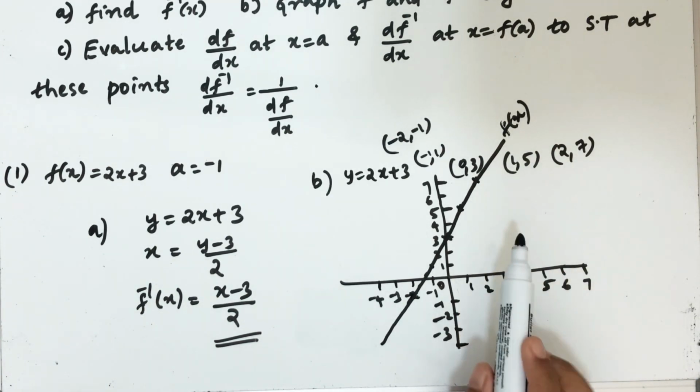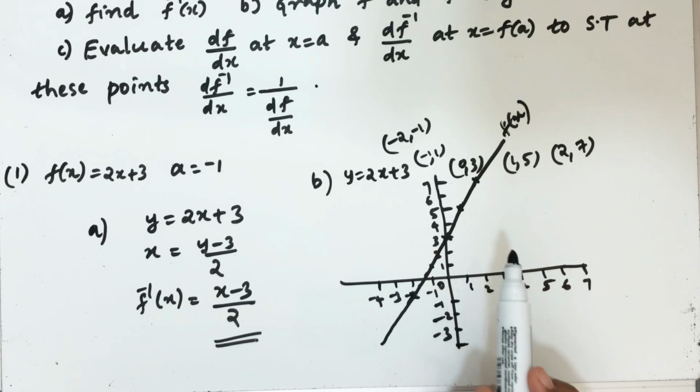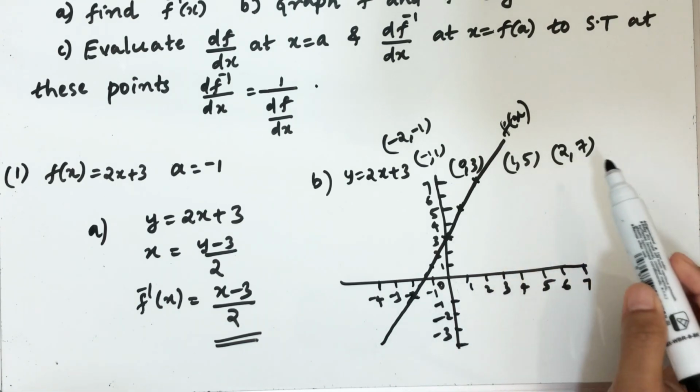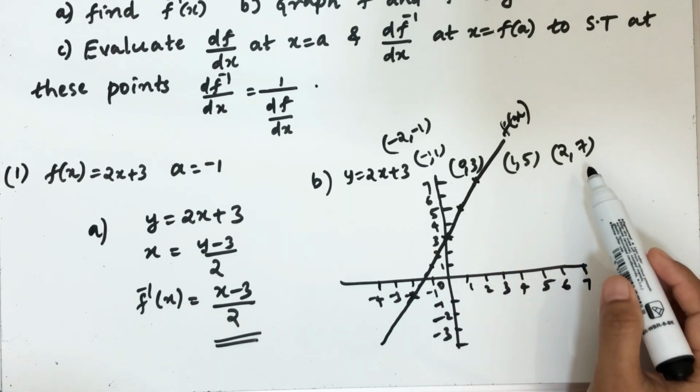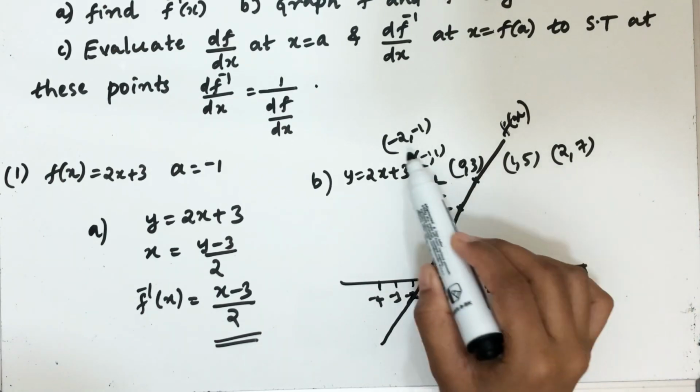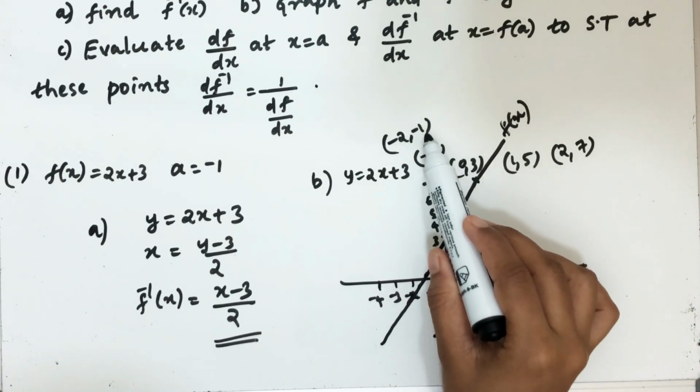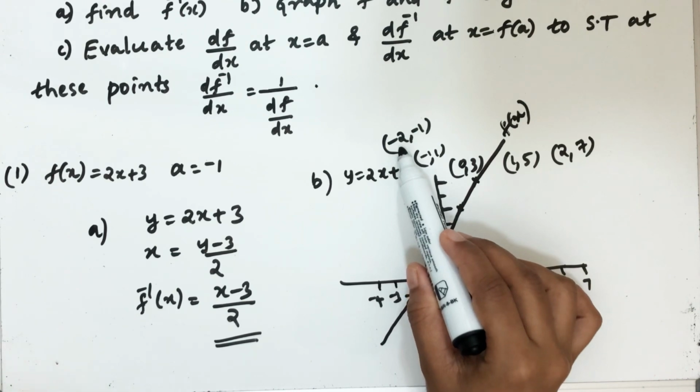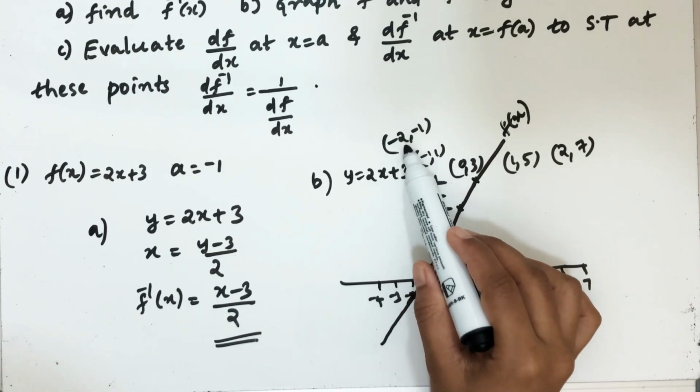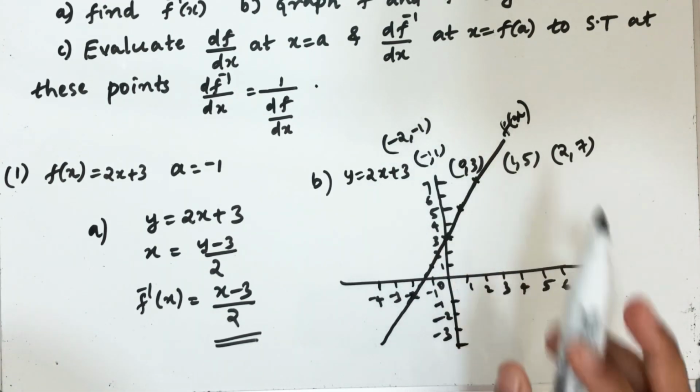So how to draw f inverse of x? We know in f of x and f inverse of x, the x coordinate and y coordinate get reversed. That is, if (minus 2, minus 1) is a point in f of x, then (minus 1, minus 2) is a point in f inverse of x. So we can draw first (minus 1, minus 2).